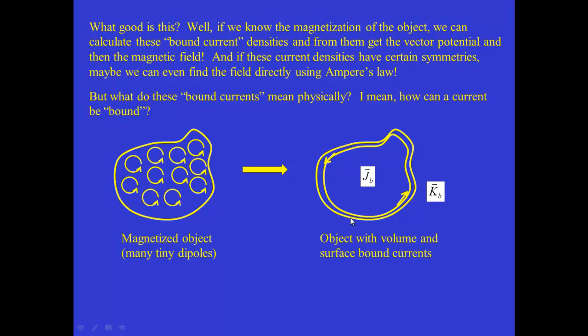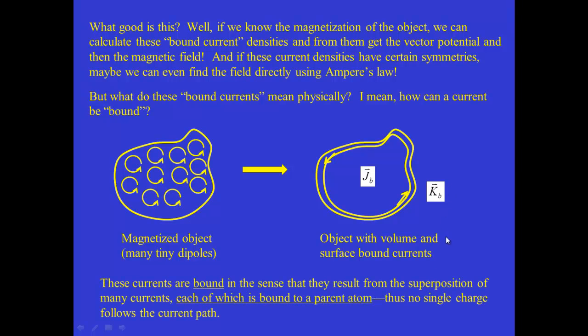All right, so this diagram again is showing the object as consisting of a volume bound current and a surface bound current density. Okay, so finally, why do we call them bound? Well, the currents are bound in the sense that they come about from the superposition of many tiny current loops. And the point is that each of these tiny current loops is bound to a parent atom. The electrons that make up these loops never move from atom to atom. They stay bound to the parent atom.